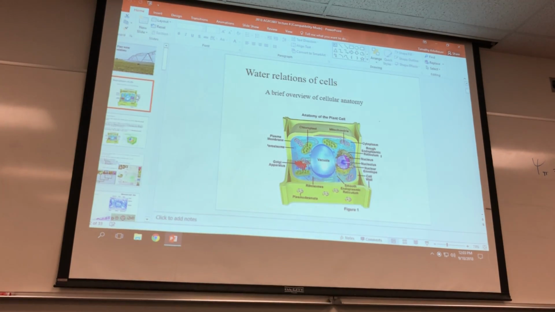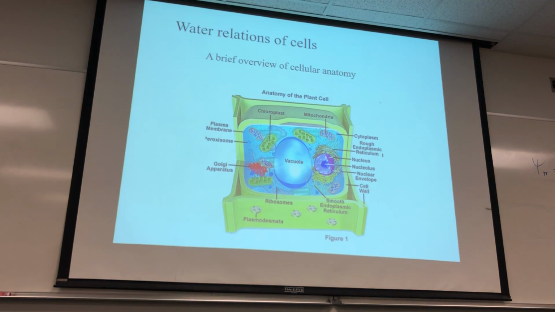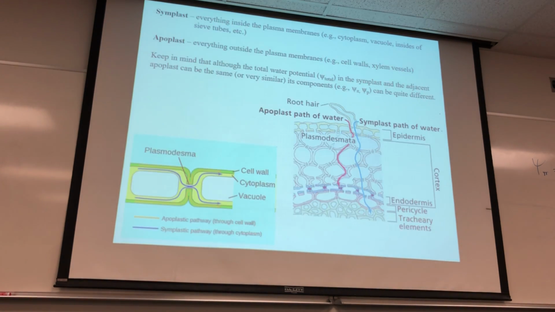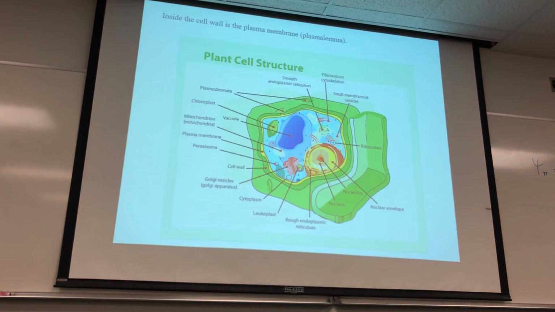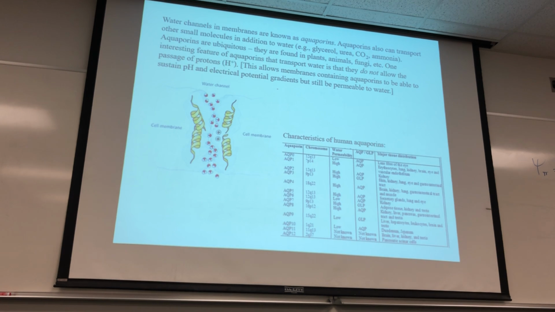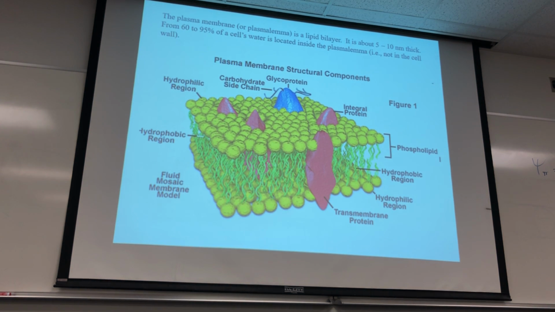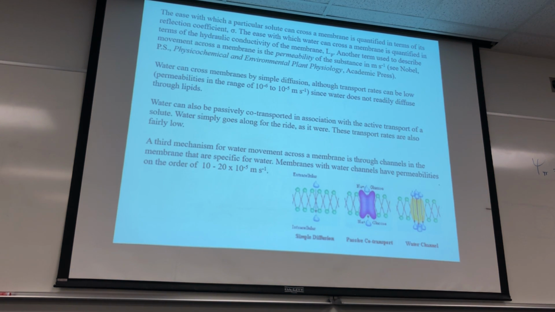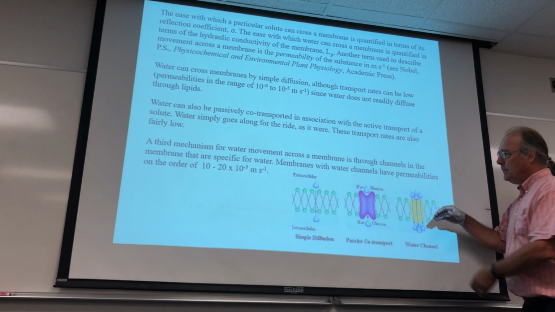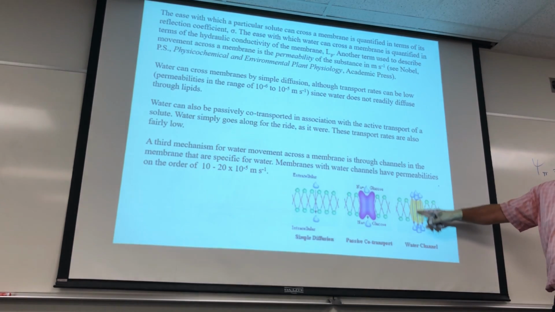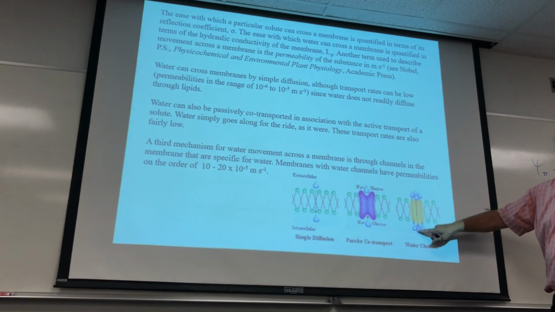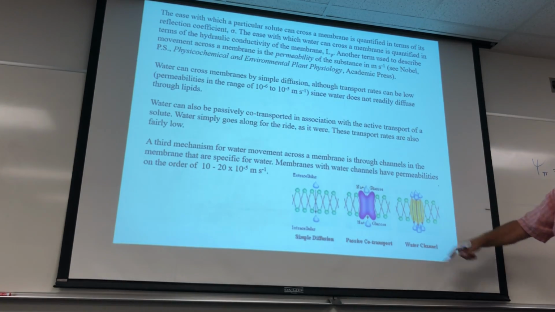What's important here? This was reviewed, so you remember all this stuff. Movement of water across a membrane is the difference in total potential, but it's facilitated by channels in the membrane called aquaporins that aid water movement.